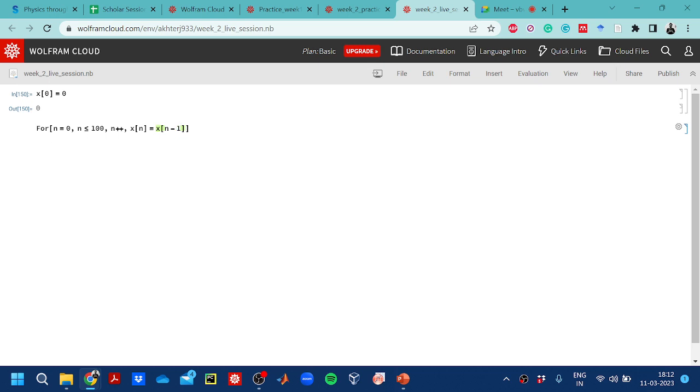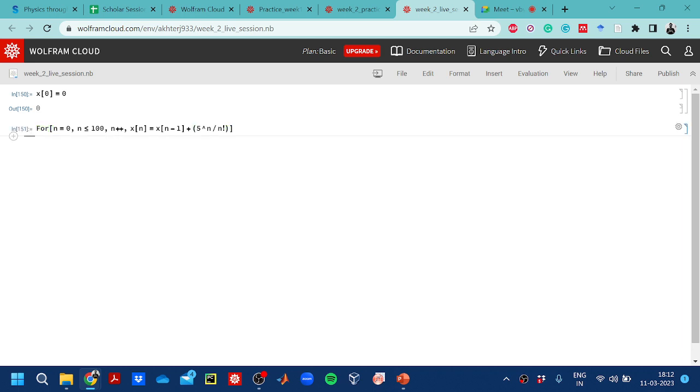If we want to sum the values, then we have to write 5 to the power n. So we are calculating exponential of 5 as the sum of 5 to the power n divided by n factorial.